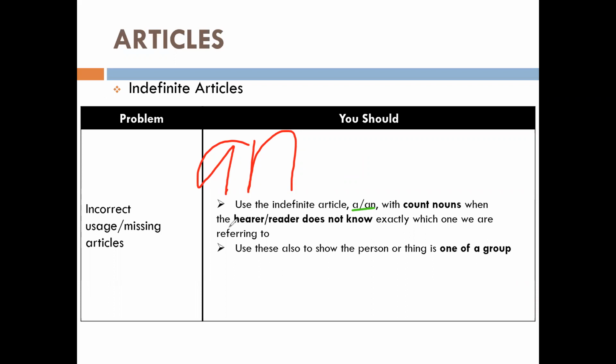So, we use the article a and an if the hearer, yung kausap, or the reader, yung nagbabasa, sa tingin mo, hindi niya alam exactly which one we're referring to. Kasi pwedeng part ito ng group eh. Okay? Diba? An apple in the basket. So hindi ko alam kung anong specific na apple yung pinapertain mo. Okay. So article a and article an only for singular subject.